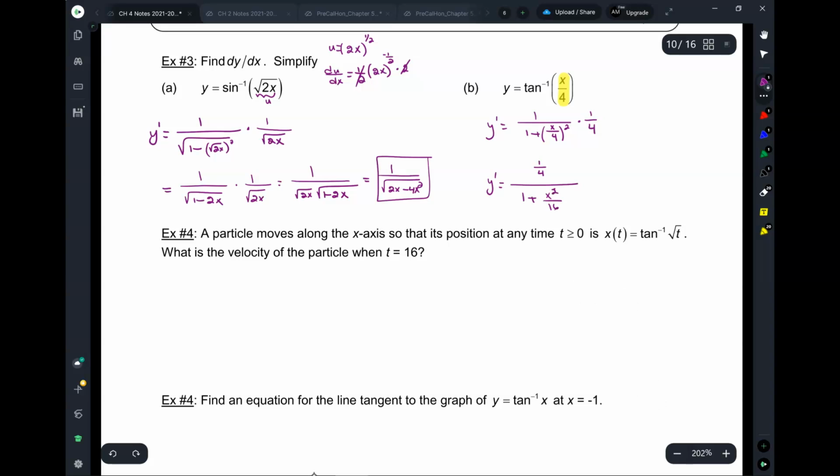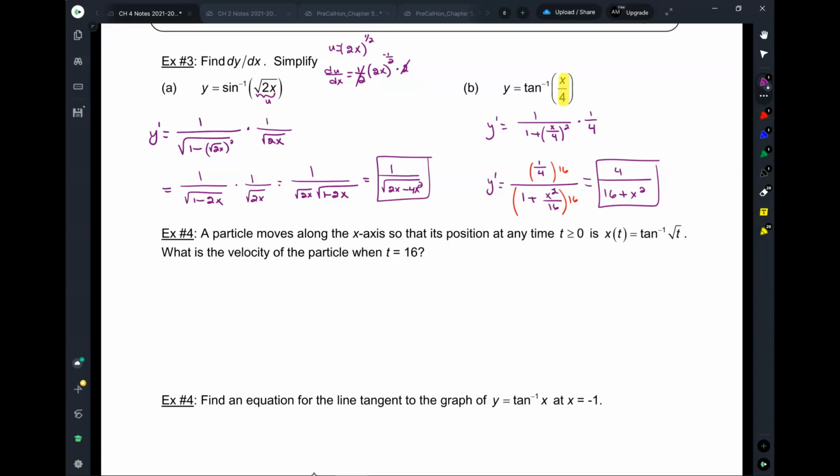So the reason why I wrote the 1 over 4 over there is because, look, I can multiply this by 16 and this by 16. And then everything magically becomes cute and not problemy. So in the numerator, I get 4 over 16 plus x squared. Right? That's it. Are there any other ways to do it? Maybe, yeah. I mean, there are, of course, but that's an efficient way. So I like to show you guys that as well.